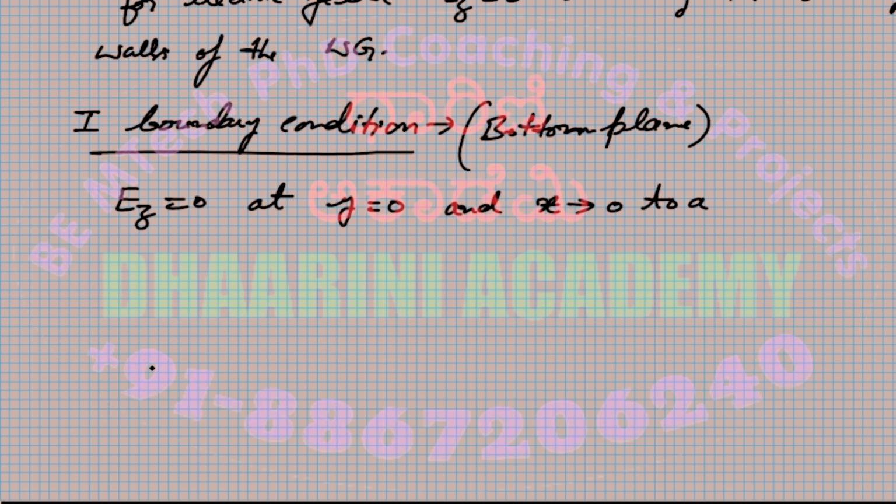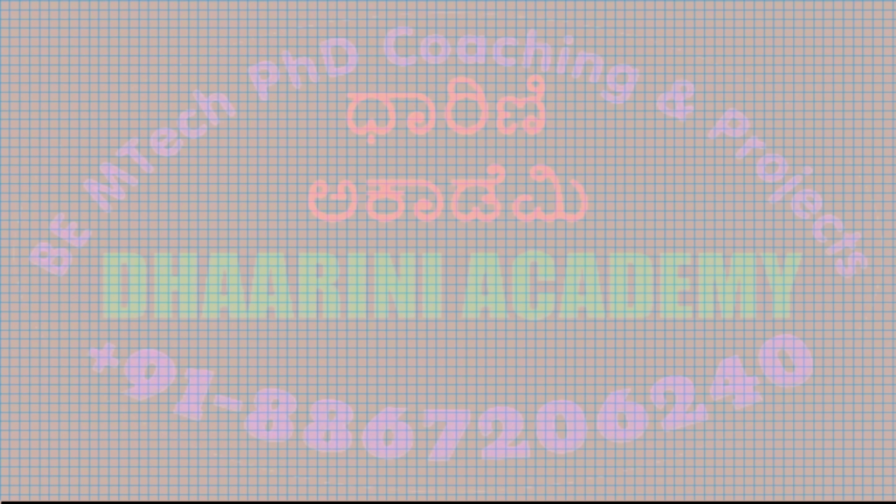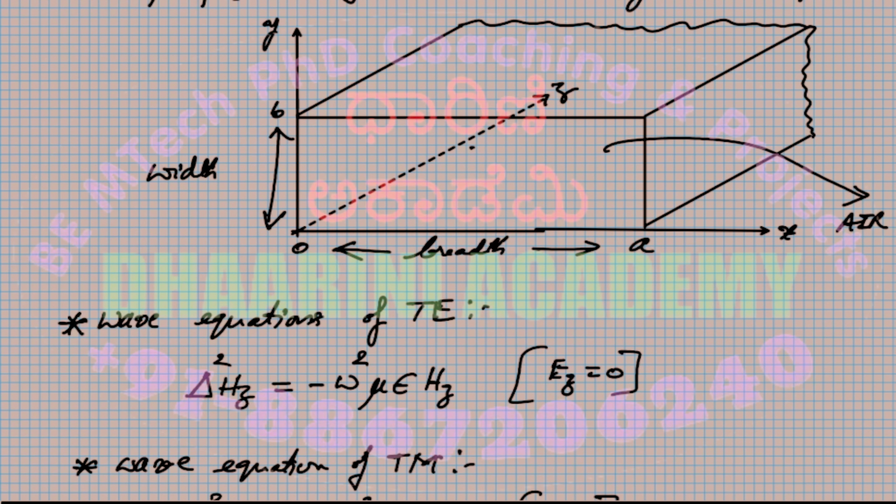Now I'll ask you the second boundary condition. Let's consider the left wall, the side that is present on our left. I'll draw and show you what I'm talking about. Left side is this plane I'm talking about.